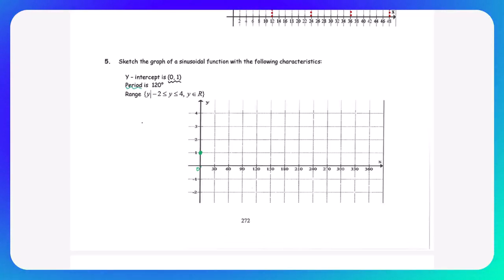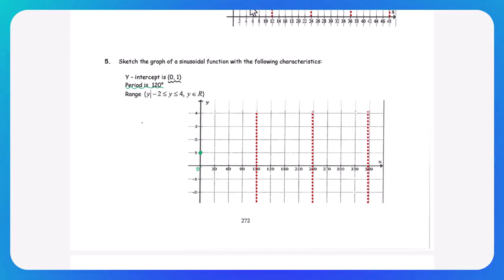The next thing we know is that the period is 120 degrees. Well, that tells me that 1 cycle is going to occur between 0 and 120. That means in this case, every 120, we're going to have another cycle.